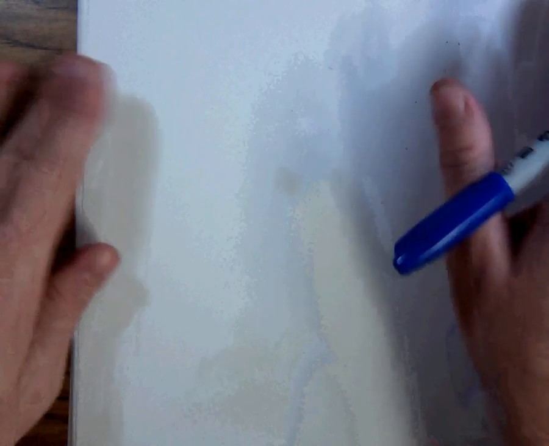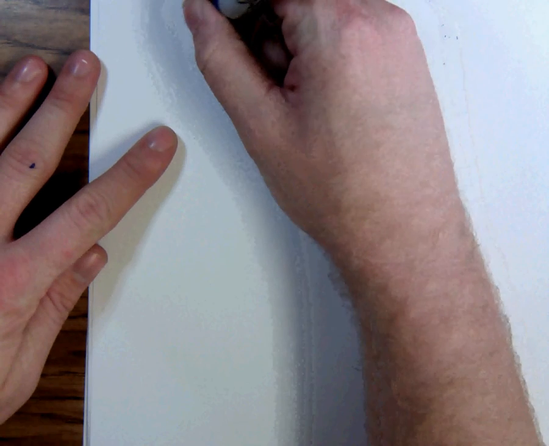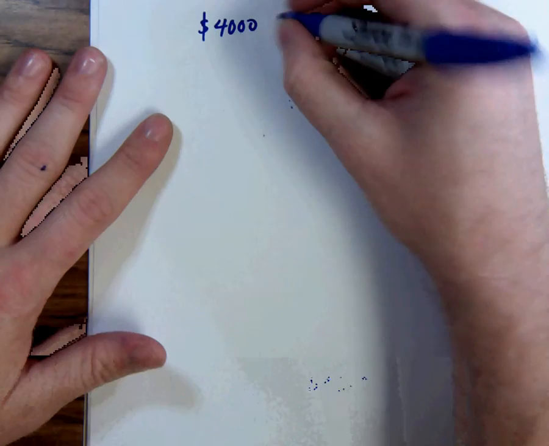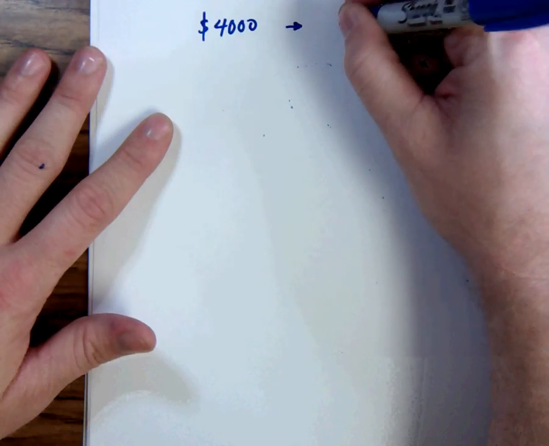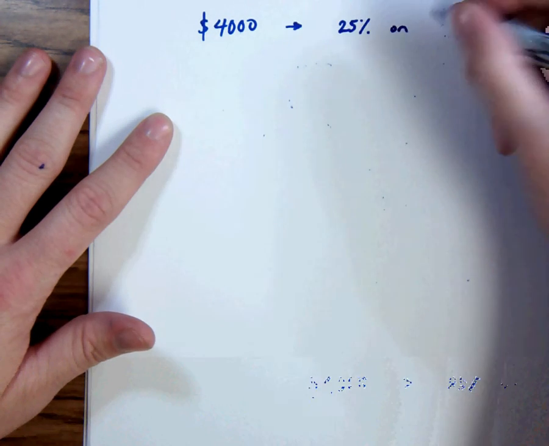Okay, I want to do one with the remainder. So let's say that you have $4,000. Okay? And you spend, let's do something relatively easy. We'll do 25%. You spend 25% on groceries.